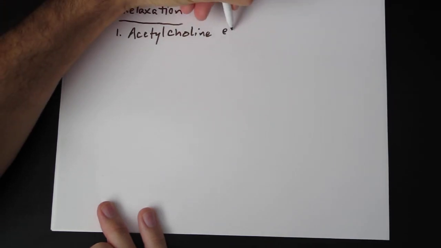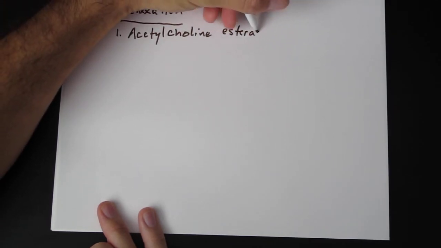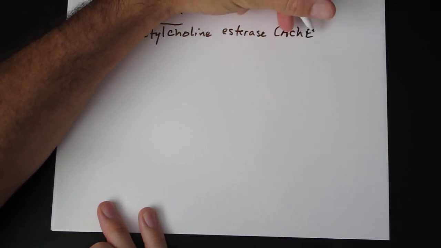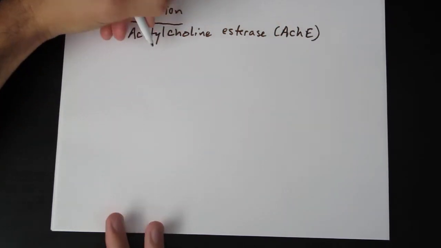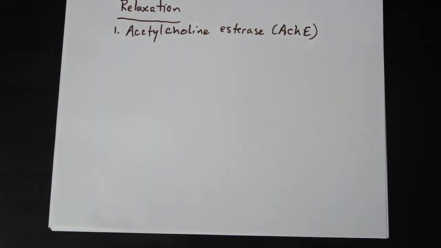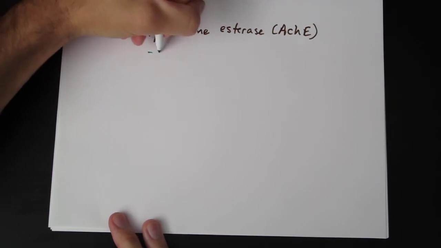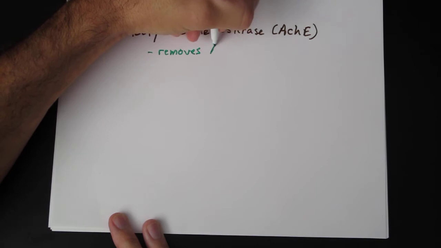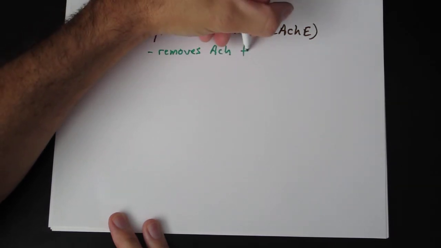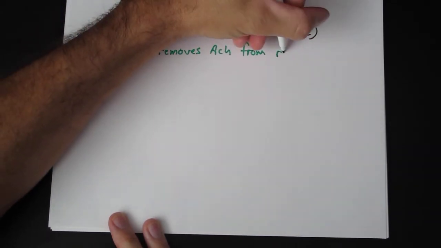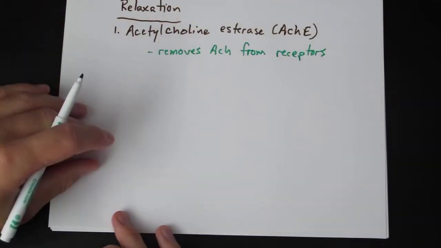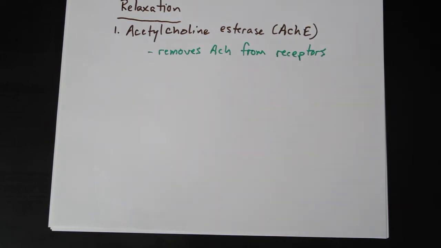We typically abbreviate that as just AChE. Okay, it is going to remove acetylcholine from its binding site. Right? It removes acetylcholine from receptors.